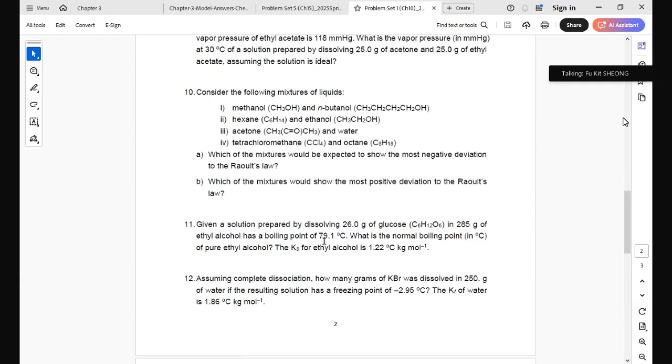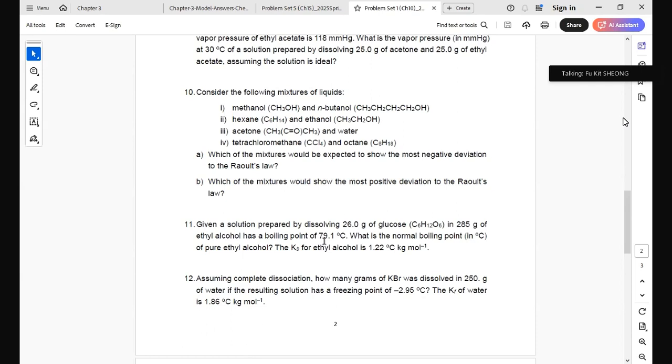But when mixed with water, acetone and water can form hydrogen bonds. So there is a further stabilization by mixing acetone and water, and that's why that one has the most negative deviation from Raoult's law.